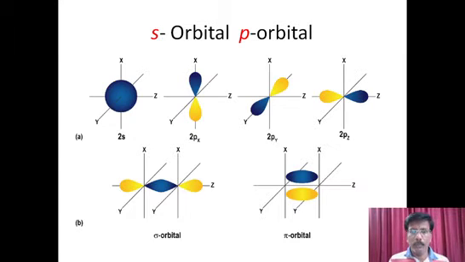And how do they combine? How do they overlap? This is the main thing we have to understand, because atomic orbitals generally overlap with each other to give rise to molecular orbitals. This is what we call combination. So what types of combinations are possible, and how do we get different combinations and different types of bonds?